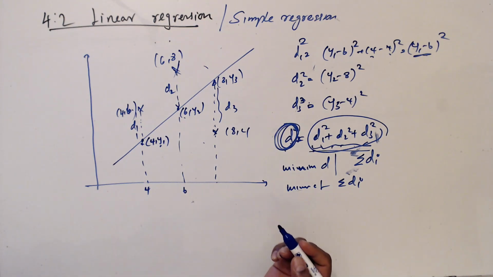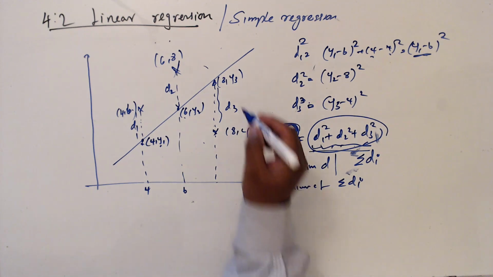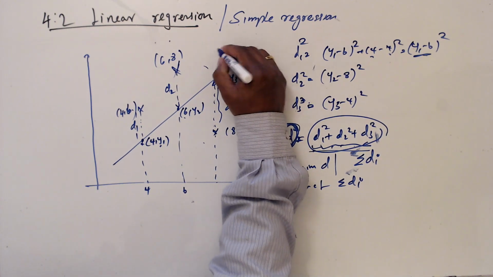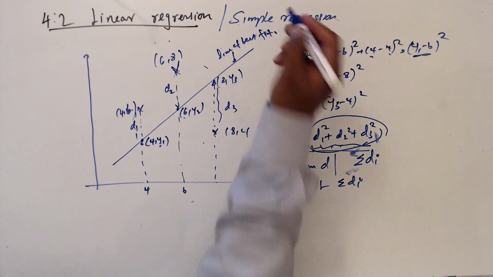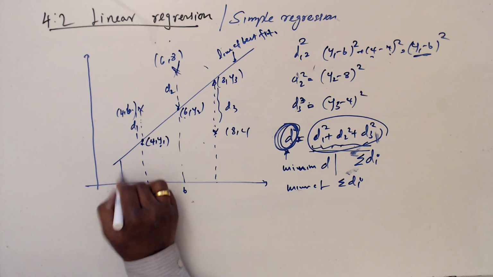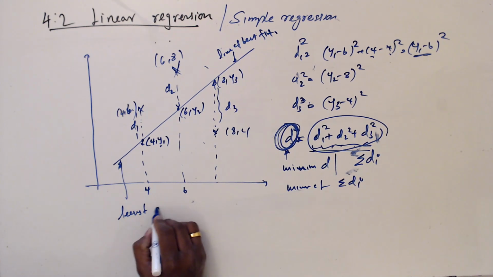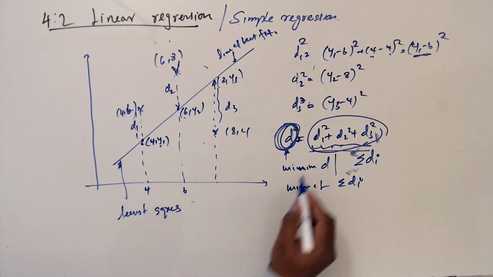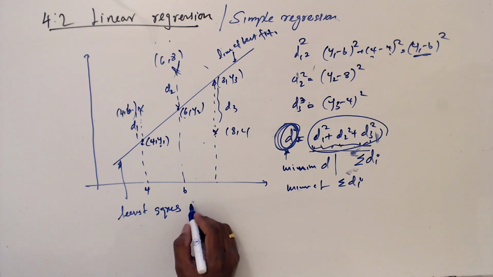At that time, when d is at its minimum, we call this line the line of best fit, or the least squares regression line, because the sum of squares is the least.